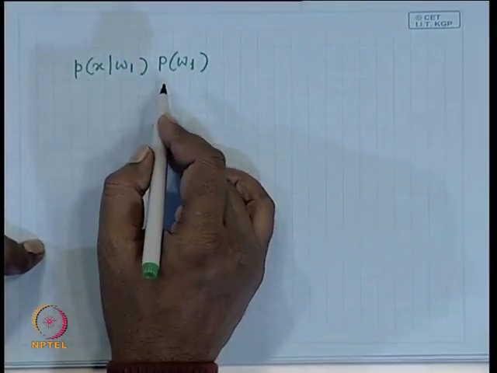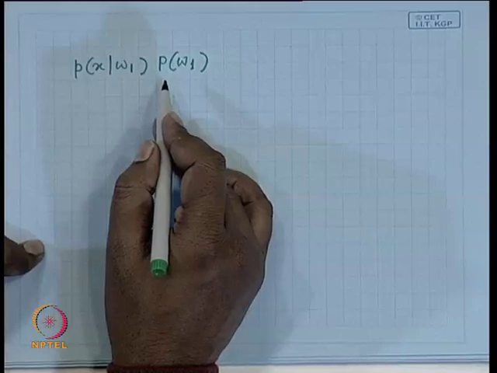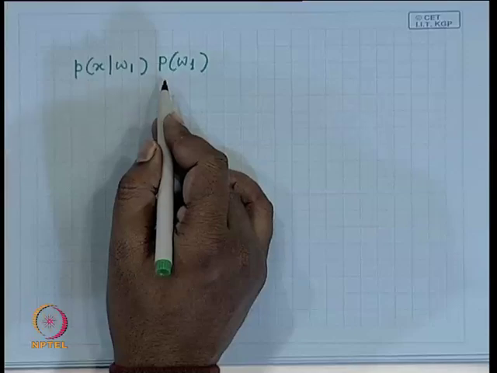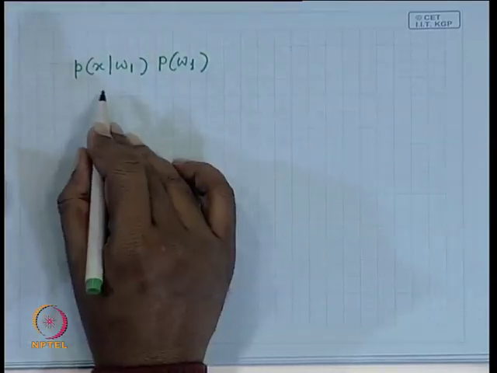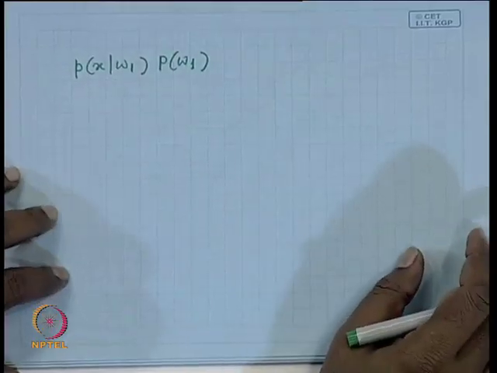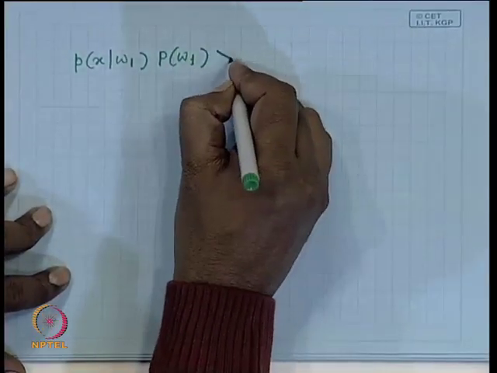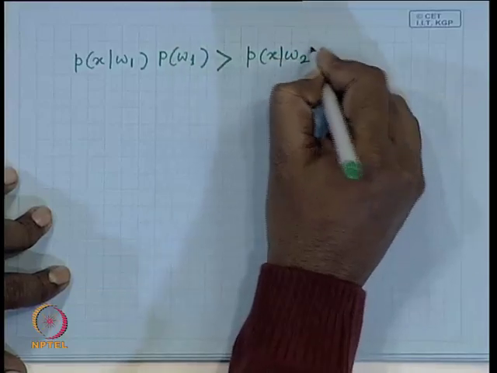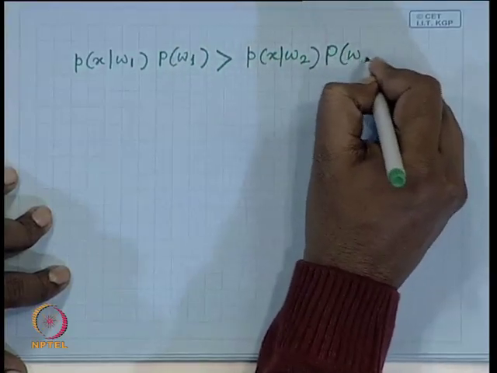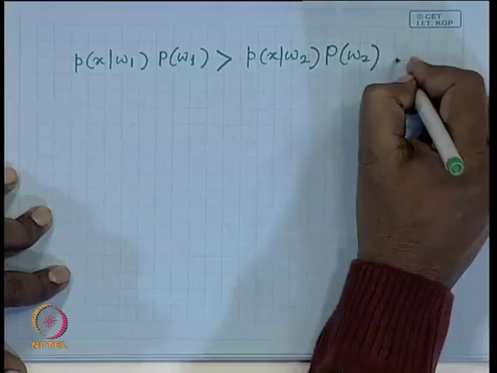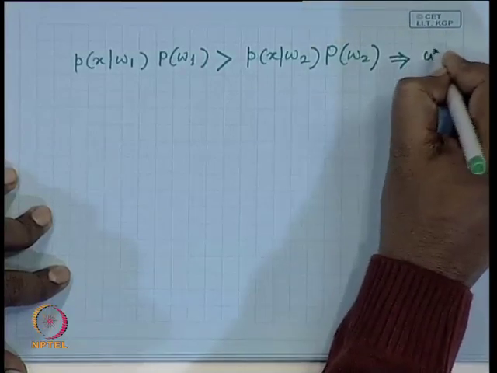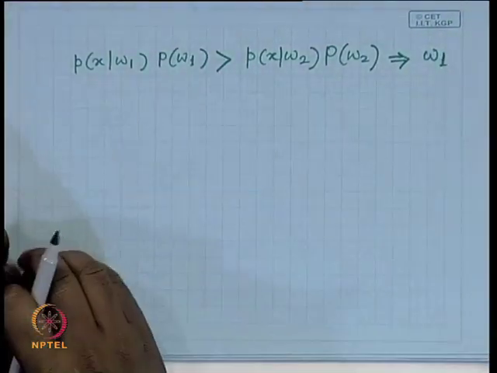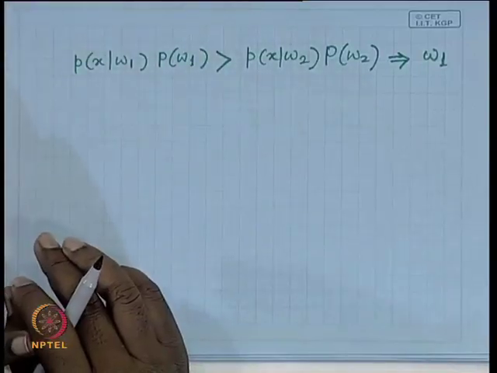This is nothing but P of omega 1 given x, without taking P of x into consideration. So, if this is greater than P of x given omega 2 into P of omega 2, then I take the decision in favor of class omega 1. That means, I say that this object belongs to class omega 1, right.